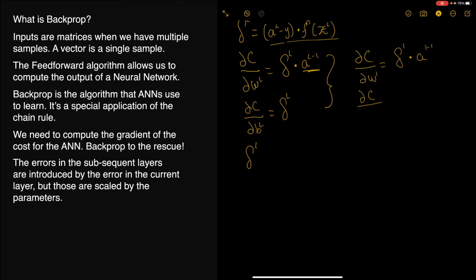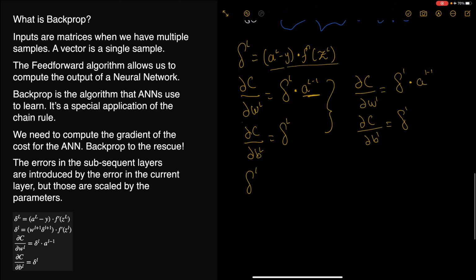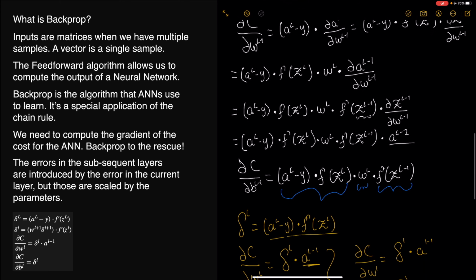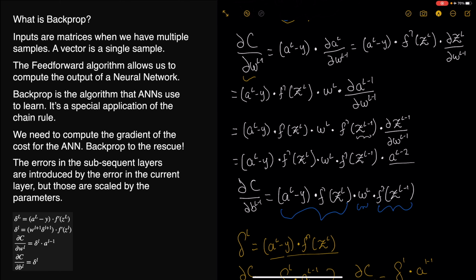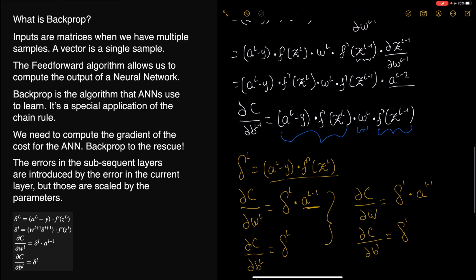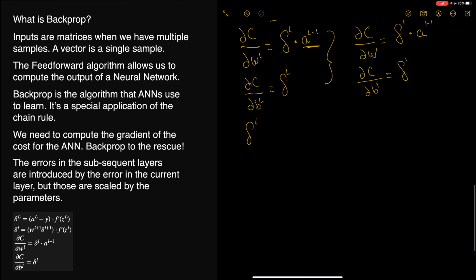And the derivative of the cost with respect to the bias at any given layer is just going to be the error at that layer. That's always true. And we can see it with the pattern that we're following here. In fact, I encourage you to go ahead and take the derivative of the cost with respect to WL minus 2 and BL minus 2 so that you can see that this pattern is followed. And I hope that you can see it intuitively as well.